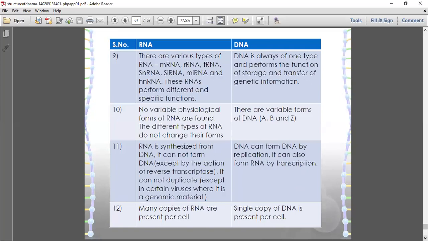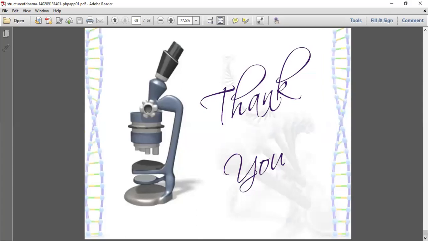And I mentioned about them already. So with this, we are done with the structure of DNA and RNA. Anyone, any doubt?